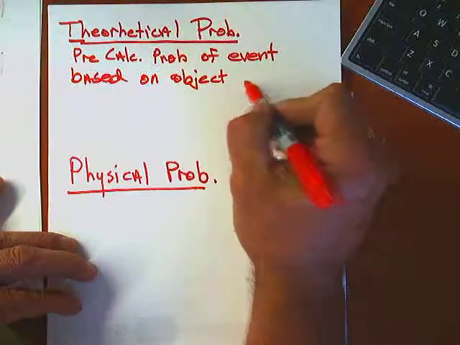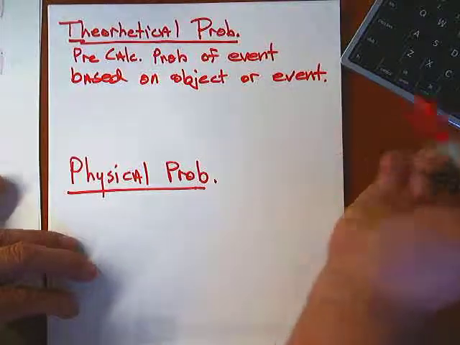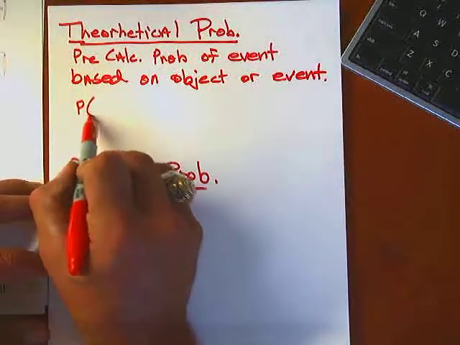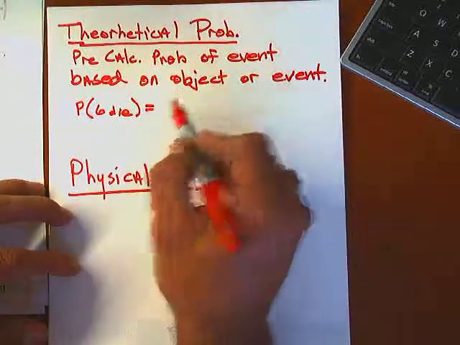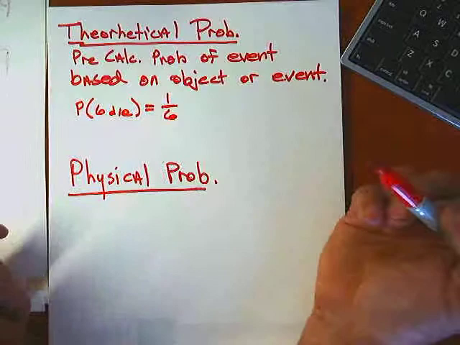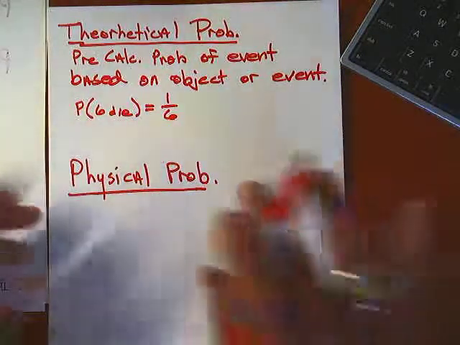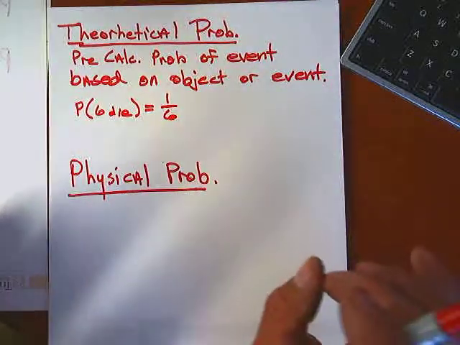Pre-calculated probability of an event is based on the object that's actually being used or the event. Let me give you an example.